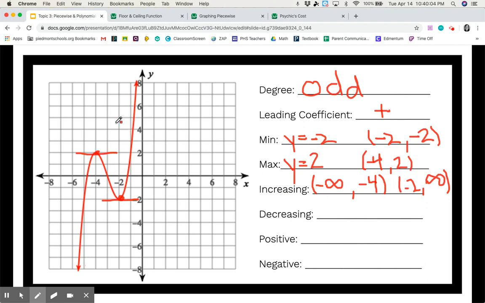Okay. So for my decreasing, I am between these 2 points right here. So this has a negative slope on the graph right here. So between -4 and -2, those x values. So -4 to -2. One of the ways that you can check yourself is this is a function that has a domain of all real numbers.